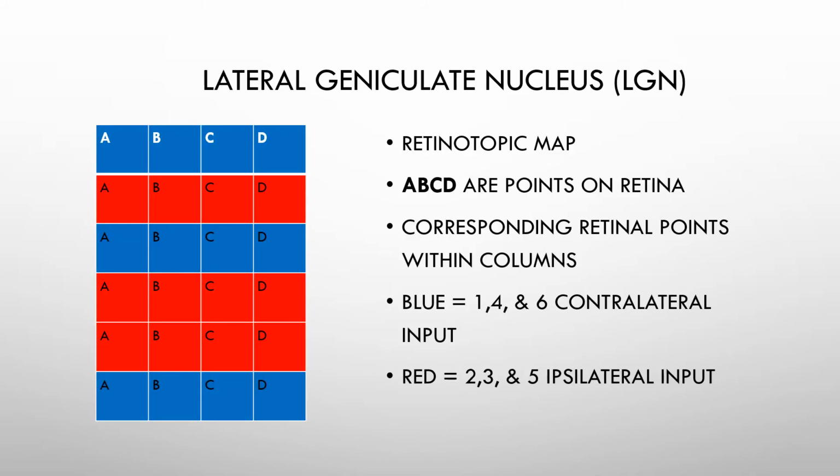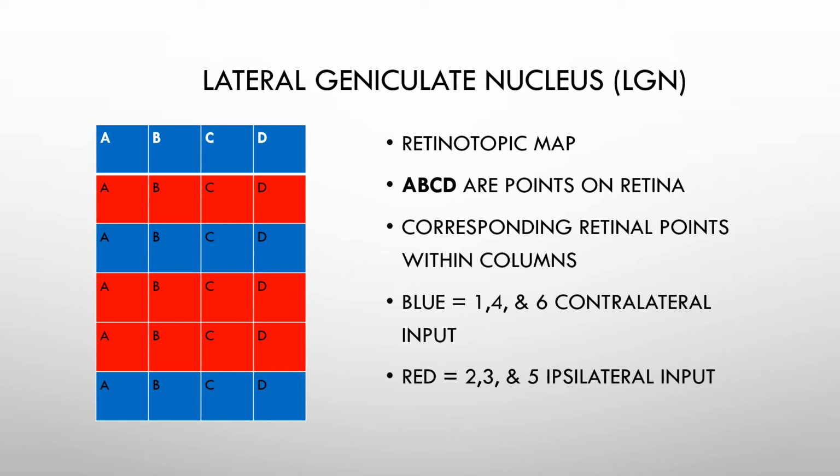So moving from that picture where A, B, and C are along the cup and saucer, A and C are farther apart, we're going to go ahead and add D here. A and D are even farther apart. A, B, C, and D are points on the retina, basically. And we have this retinotopic map where we have columns that correspond to those particular retinal points, okay?